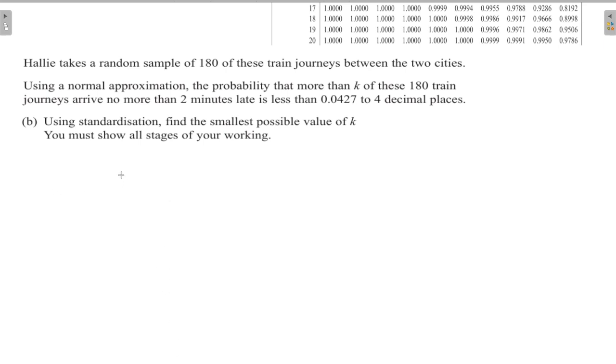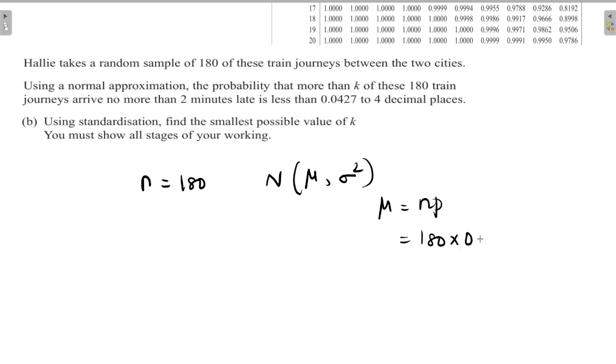In the normal distribution, n is given as 180, with mu comma sigma squared. So what is mu? Mu is np. So n equals 180 and the probability value is 0.45, so np, that is the mu value, is 81.